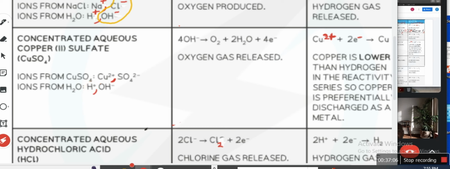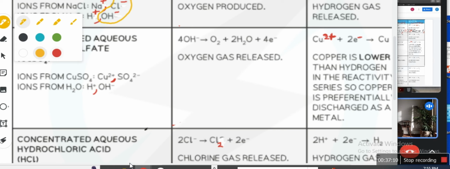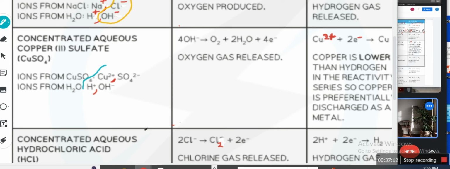These ones I'm circling in blue, do they go to the anode or cathode? Those will go to the cathode, because the cathode is the negative plate.